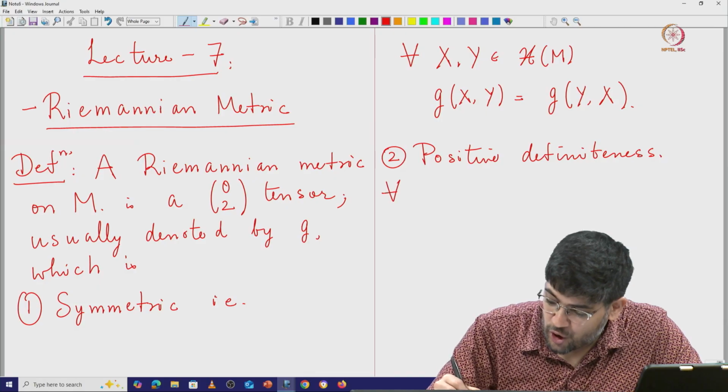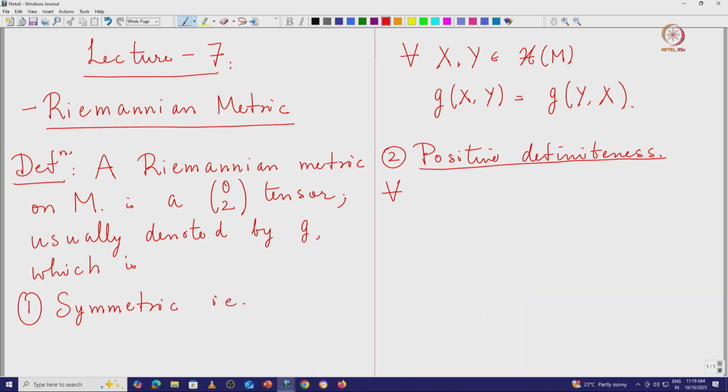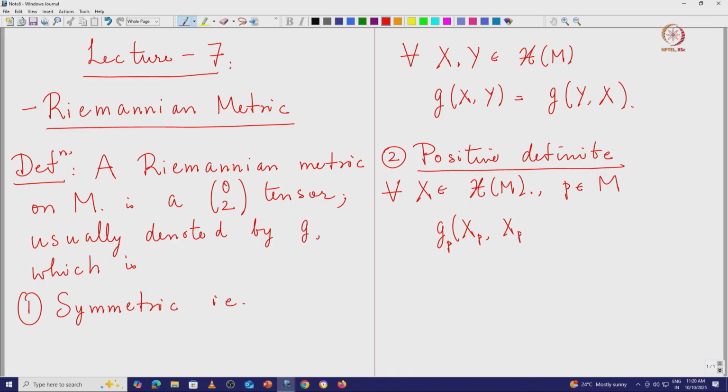So g has to be positive definite, which means that for all vector fields X and all points p in M, if you calculate this, it is bigger than or equal to 0.